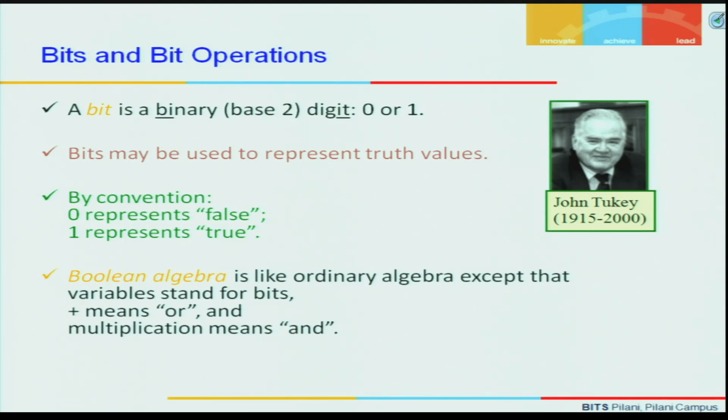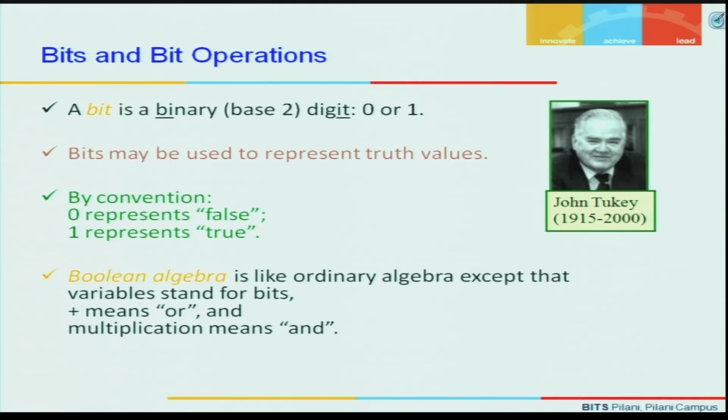After seeing what a proposition is, what a compound statement is, how we connect propositions to get compound statements, and how we evaluate the truth values of these compound statements, let us see a little bit about Boolean algebra. It basically deals with bits and how you can talk about the algebra of these bits.